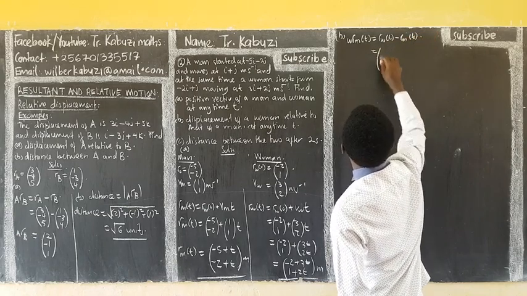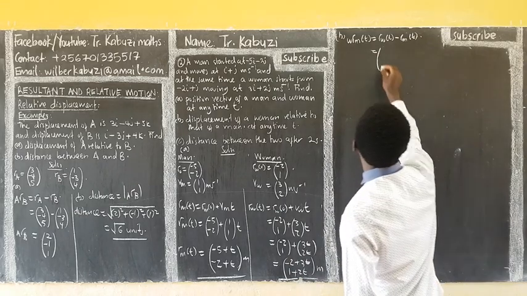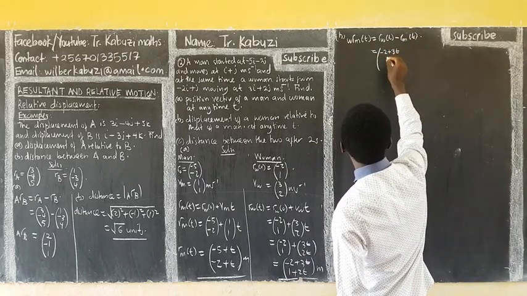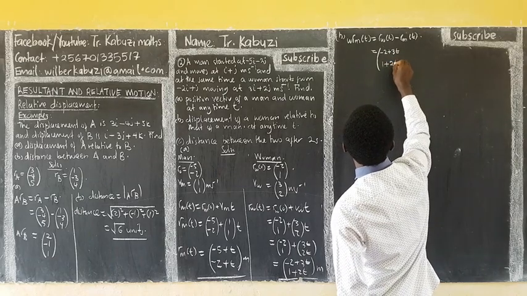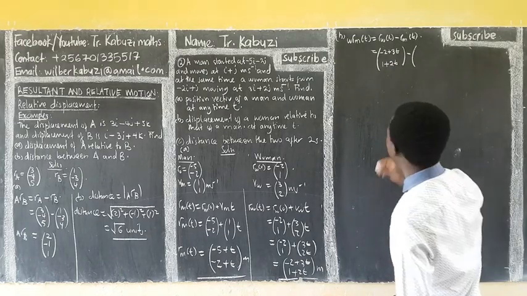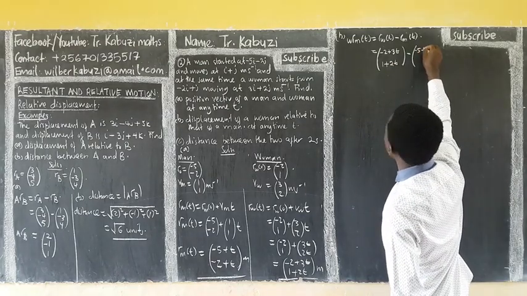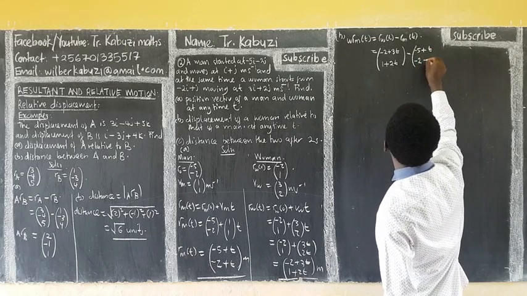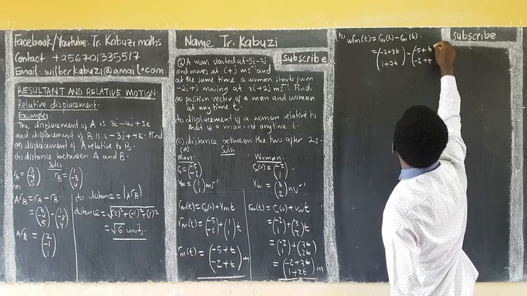Now this one for the woman was -2 plus 3t, then minus that one of the man.